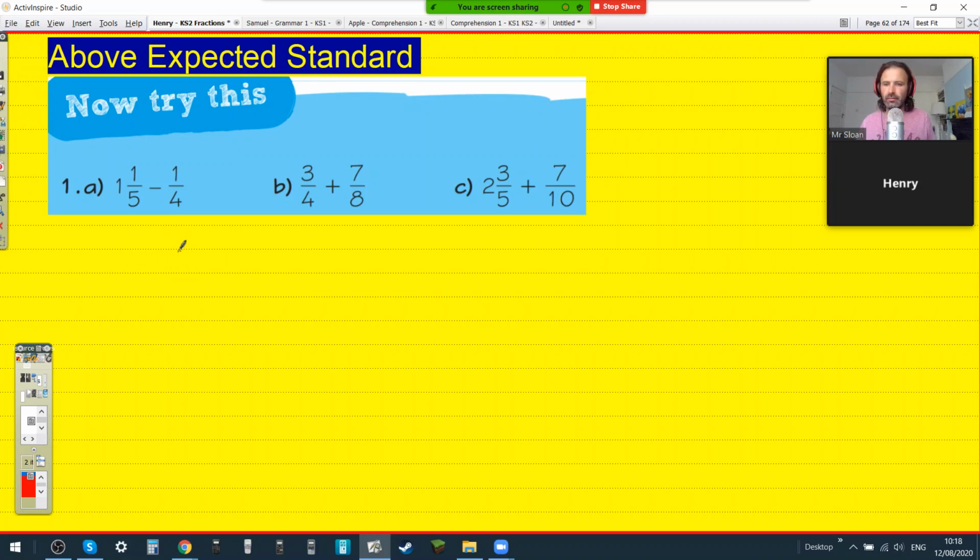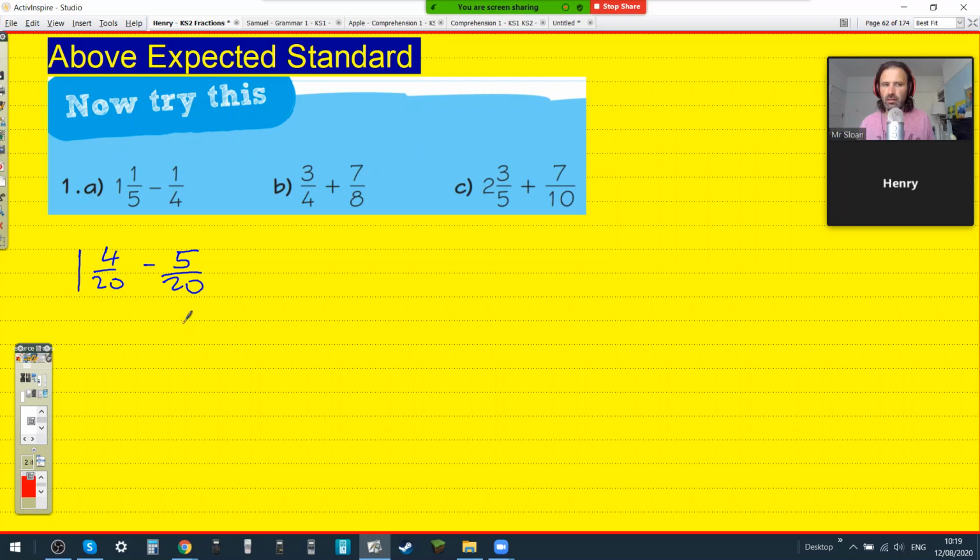So 1 whole and 4/20ths, for 1 whole and 1/5. And then for 1/4, I need to do 4 times 5 to get 20. So then 5/20ths. Just 5/20ths, no wholes.